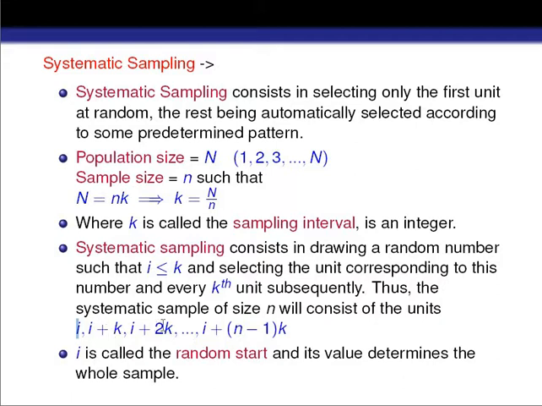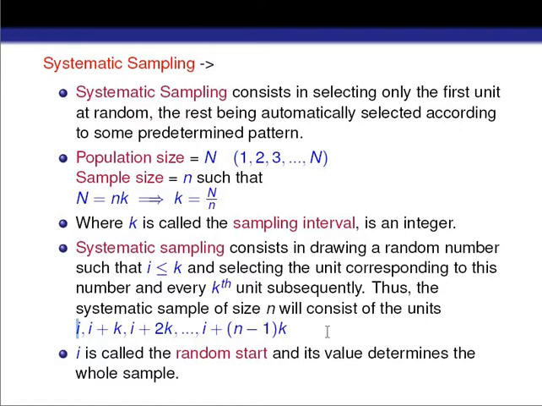For the third unit, we add the sampling interval to the second unit. So we select a random number i less than or equal to k for the first unit, and then keep adding the sampling interval to the previous unit, getting i plus k, i plus 2k, and so on. We continue this process until we get a sample of size small n, and then we stop.